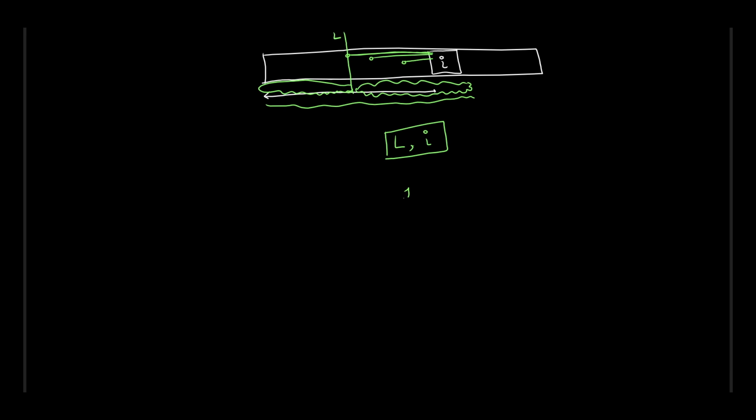So transitions are actually very simple. dp of I is equal to 1 plus dp of L minus 1, and then you take the max of it.